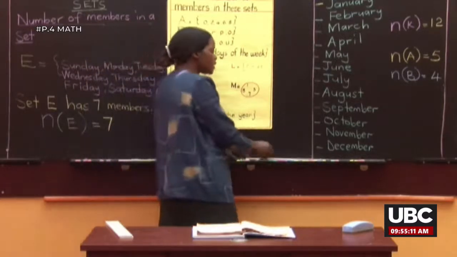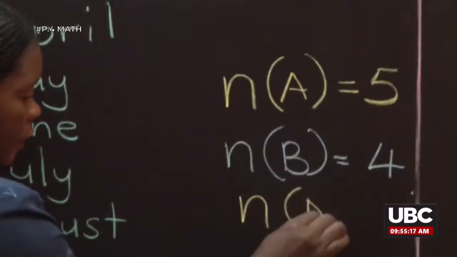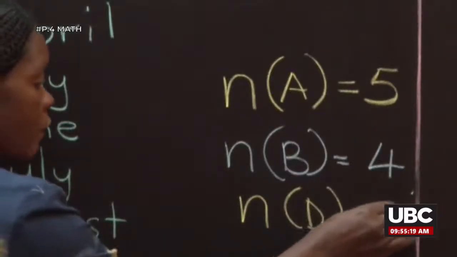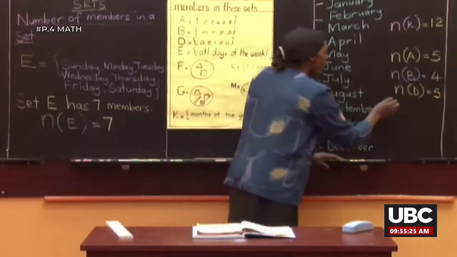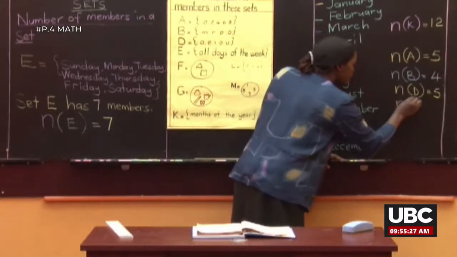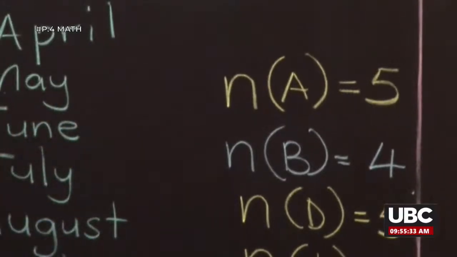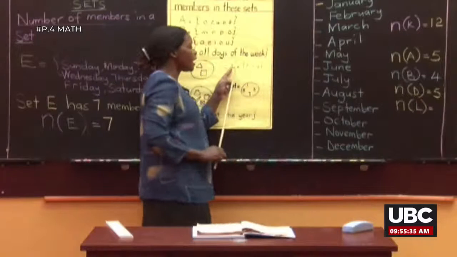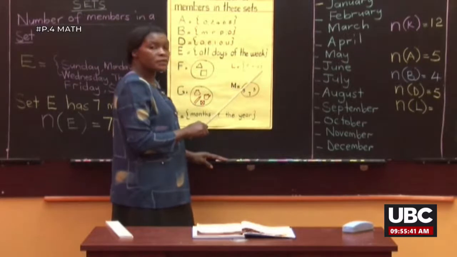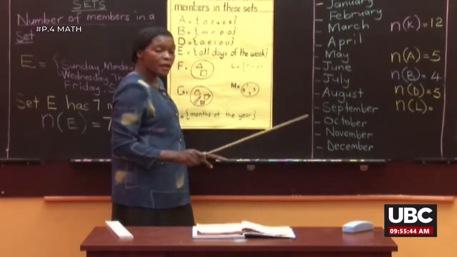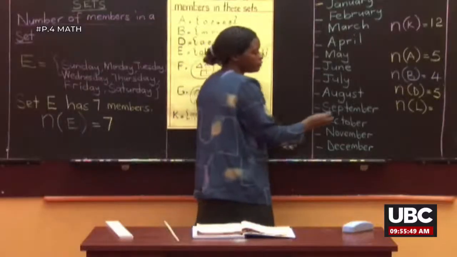So our set D has 5 members. We still have more sets, set maybe L. What are those members in set L? Set L is here with 1, 2, and 3. So the members in set L are 3.